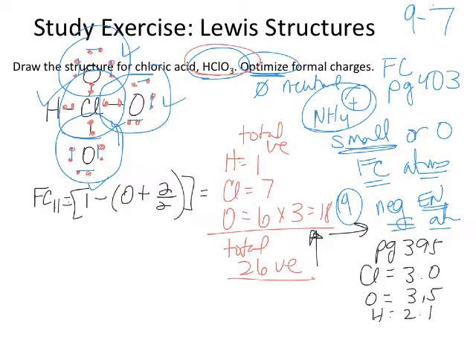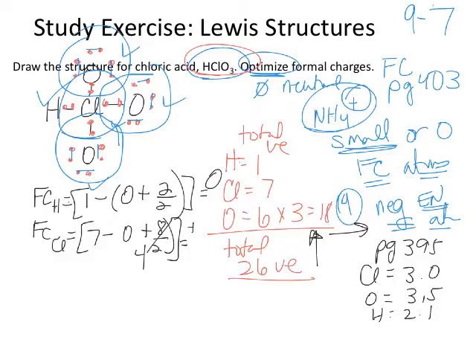That gives you a 0 formal charge for hydrogen. Formal charge for chlorine would be 7 minus 0 plus 8 divided by 2. So that's 7 minus 4, which is going to be a plus 3 for chlorine.